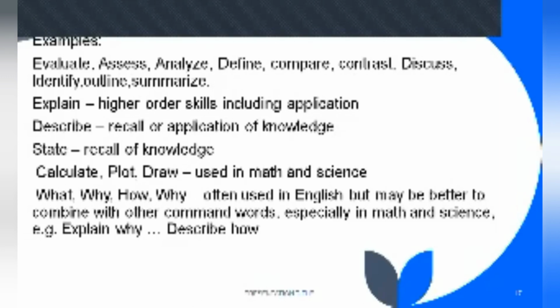Discuss the significance of the civil disobedience movement. Identify some parts of the diagram. You need to outline the importance of following traffic rules. Summarize some content: you should be able to comprehend and condense the passage given.